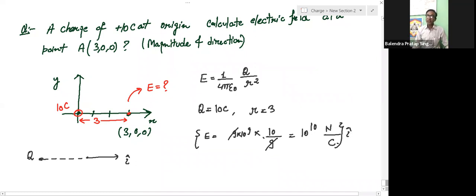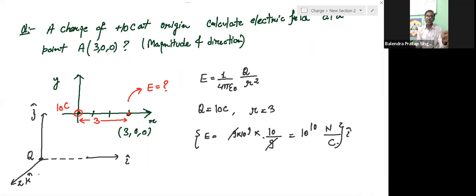If the field is along the y direction, then we consider j cap, and if the field is along the z direction, then we consider k cap. So these are unit vectors along the x axis, y axis, and z axis. So this is the answer of this question.